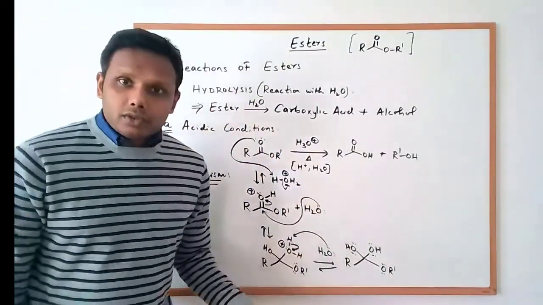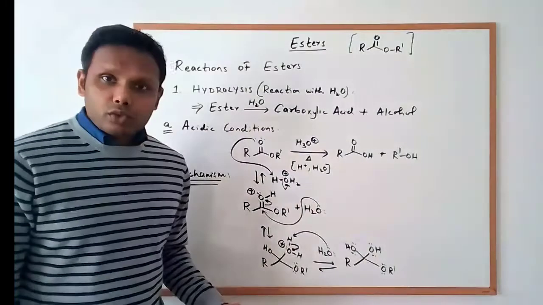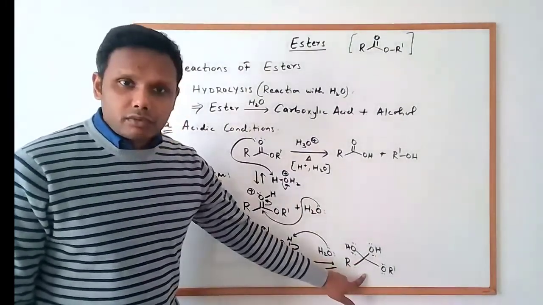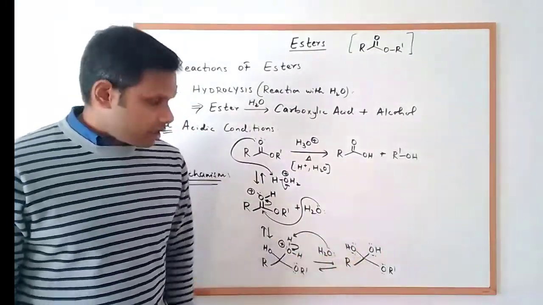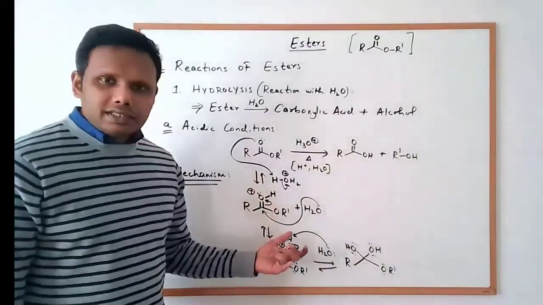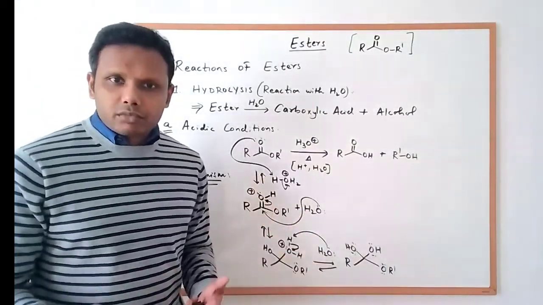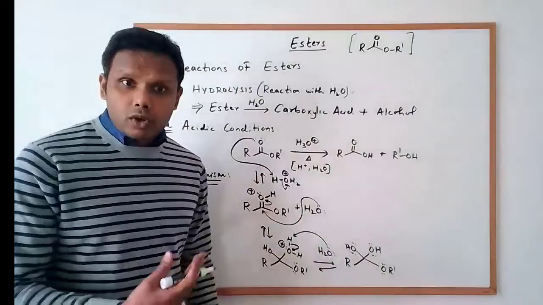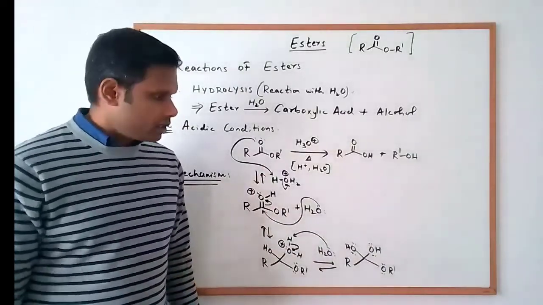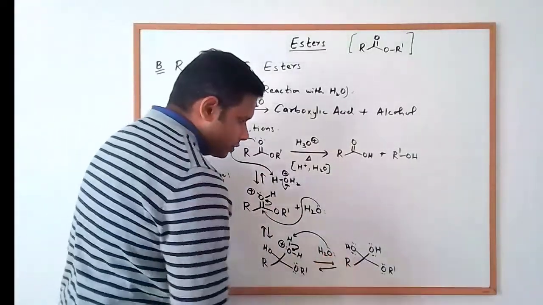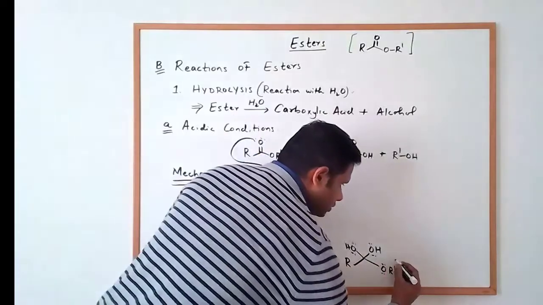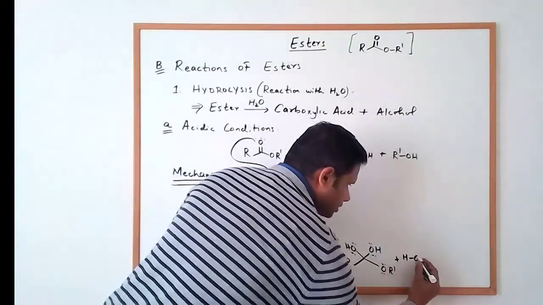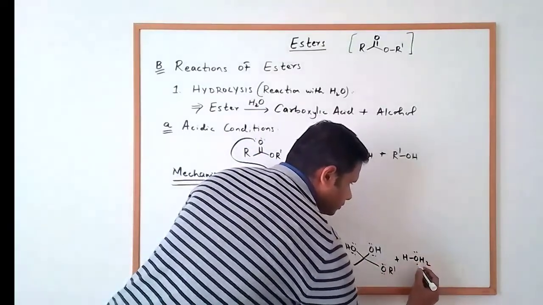Now, if you go back to the mechanism of Fischer esterification, you would notice that we arrived at a similar intermediate in that mechanism also. In fact, all of these intermediates should bear some resemblance to what we saw in the Fischer esterification mechanism. Okay, once you're at this intermediate, along with this, you've made acid again.